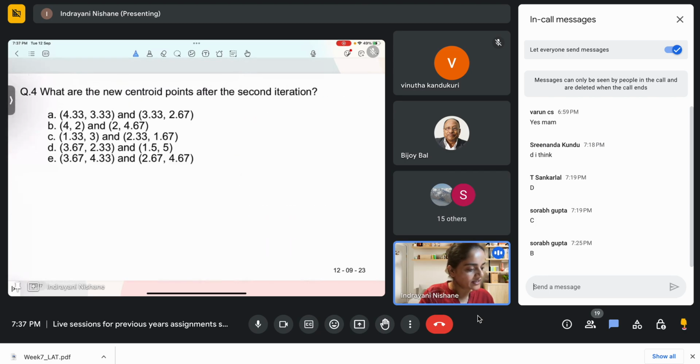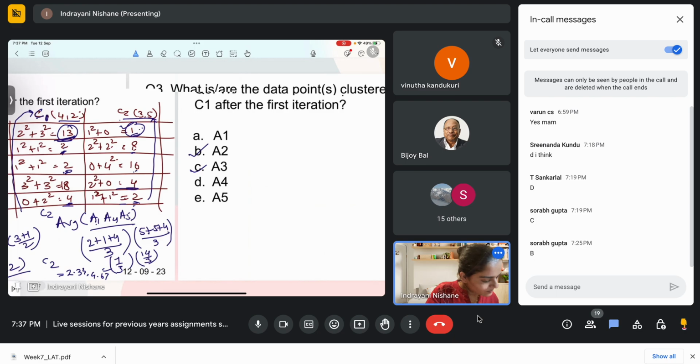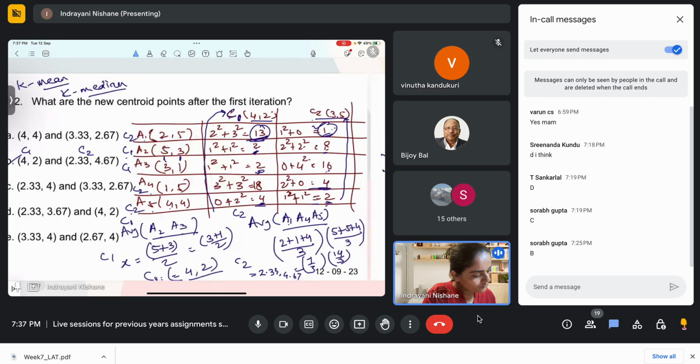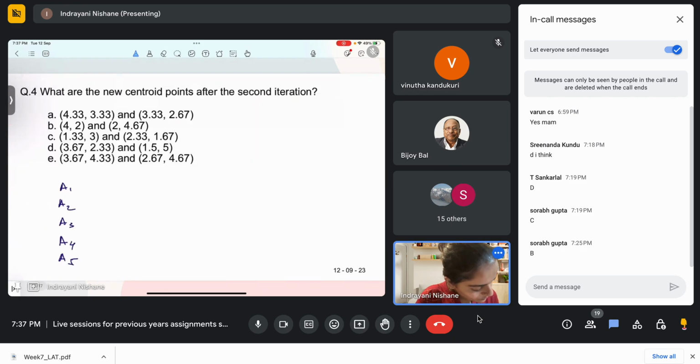Now the new question is regarding the second iteration. So what we will do is we will calculate the distance again.